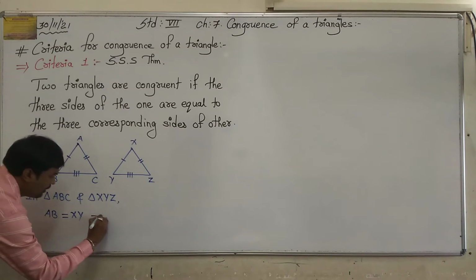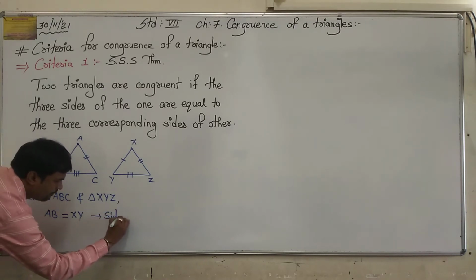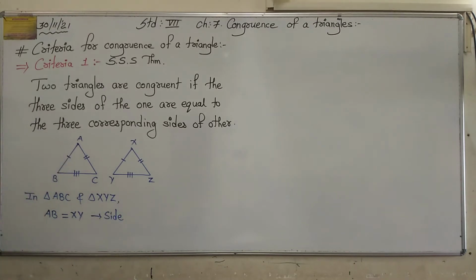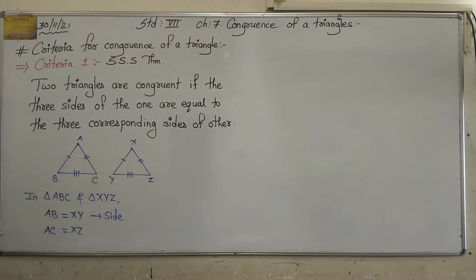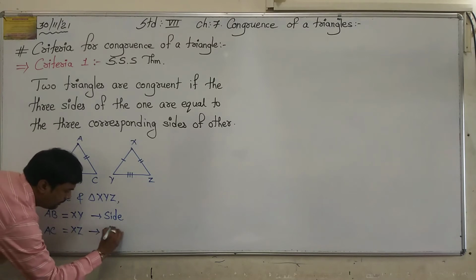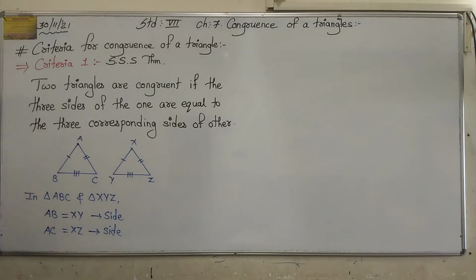What is that? A side. AC is equal to XZ. What is that? Again it is a side.